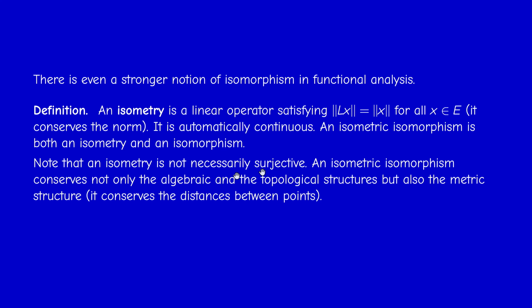So an isometric isomorphism conserves distances. Okay. So it's something more rigid. We may have isomorphic spaces that are not isometric. Okay, so isometry is more rigid.